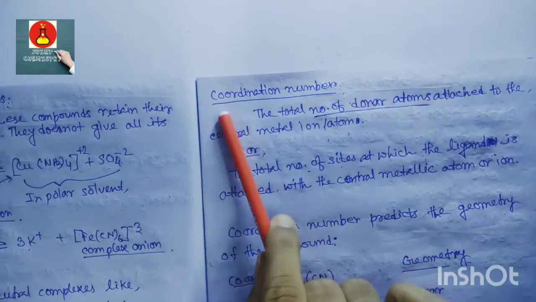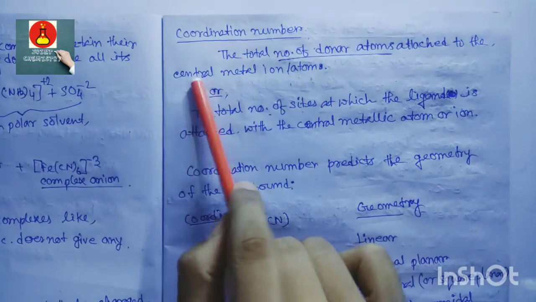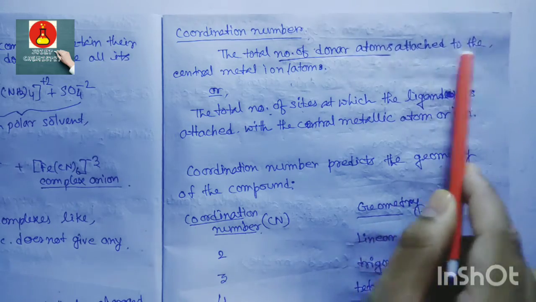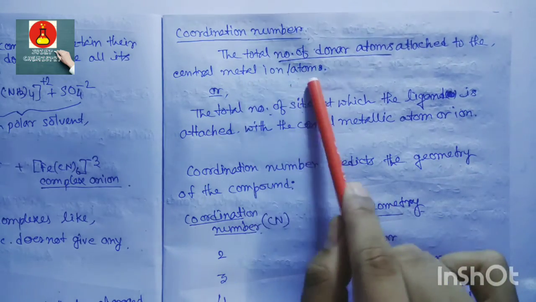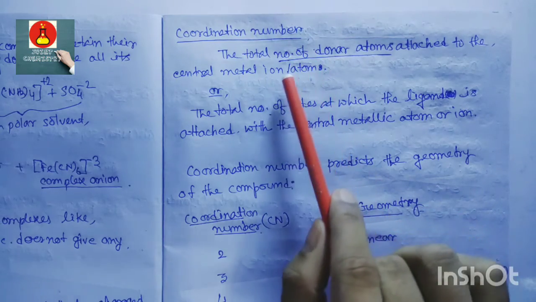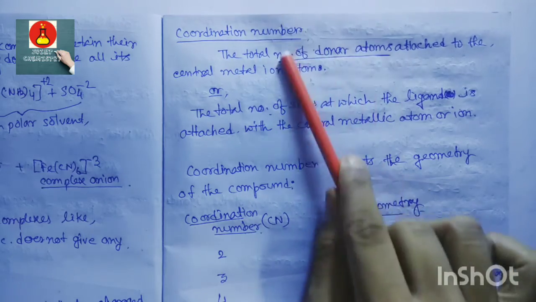Now we should know some other terms, such as coordination number. What is the coordination number? The total number of donor atoms attached to the central metal ion or atom is known as the coordination number. You should remember this: the total number of donor atoms.